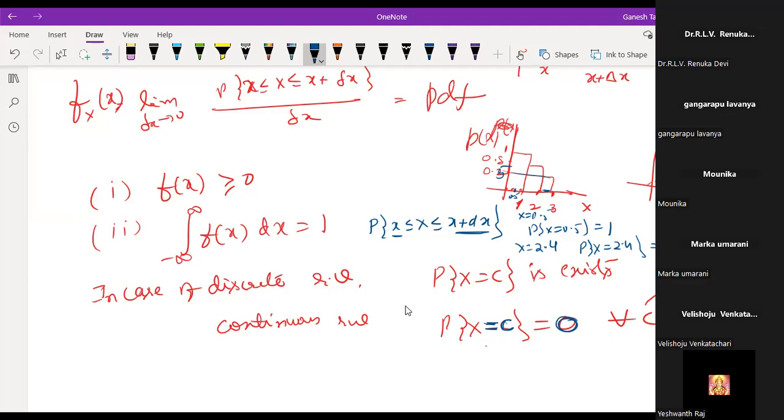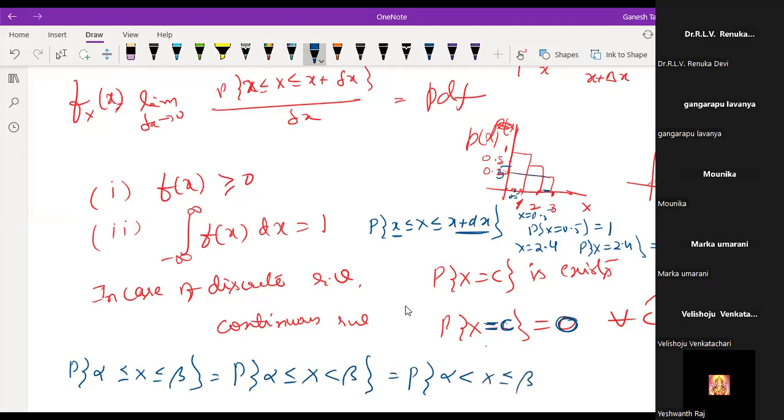And in the continuous case, you should remember all the time, if you write probability of alpha less than or equal to x less than or equal to beta, it is equal to probability of alpha less than or equal to x less than beta, which is equal to probability of alpha less than x less than or equal to beta, which is alpha less than x less than beta.